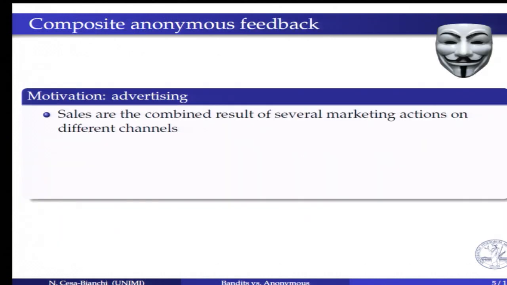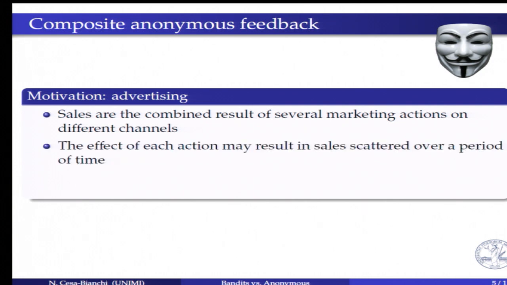We would now like to look at a different scenario in which we have some complication in the model. Think of an advertising setting in which you are selling something and you have some marketing actions that you are performing on different channels: internet, radio, social media. The effect of each action might result in sales that are scattered over a period of time.